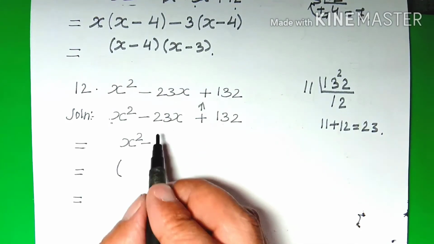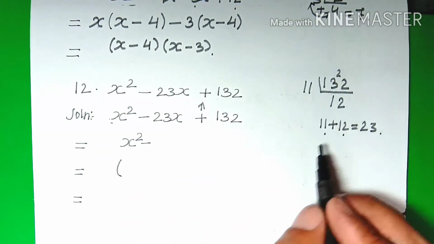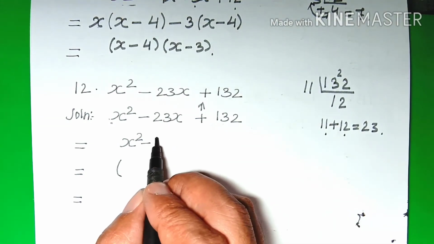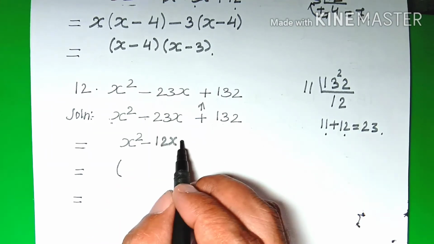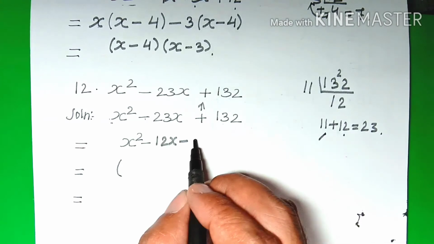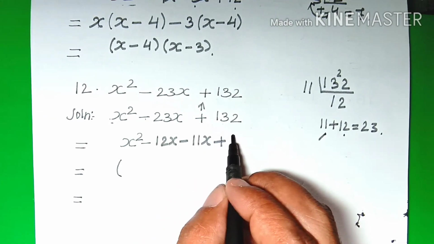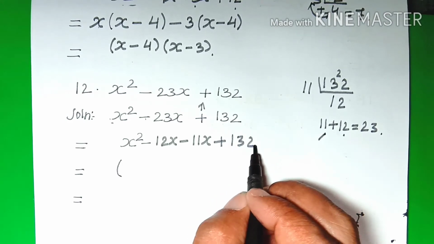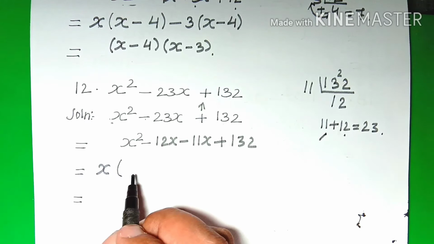That means now you can substitute 23 with the help of these two terms. Now we can take the bigger value, 12x, plus will be minus. The second value we have 11x. The third value you can drop as it is along with the sign. Now from the first two terms we can see x is common.